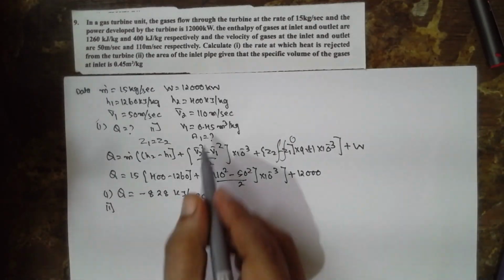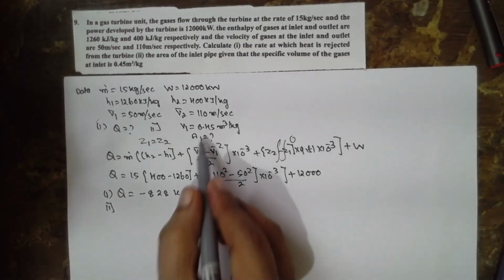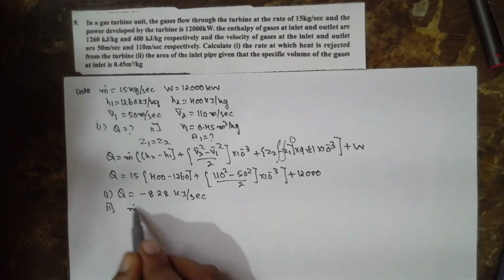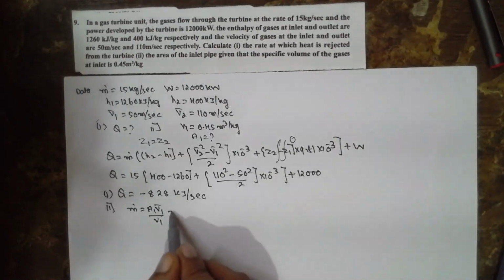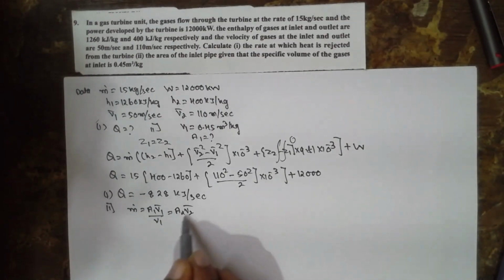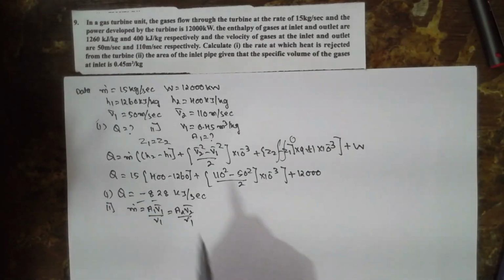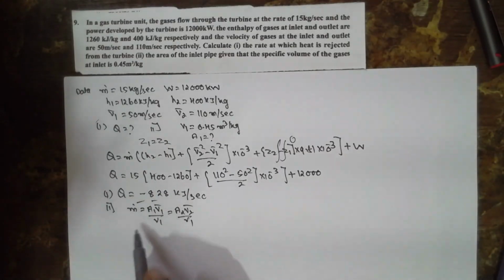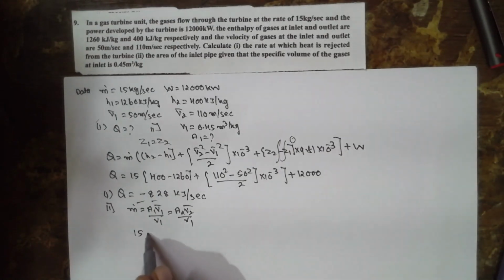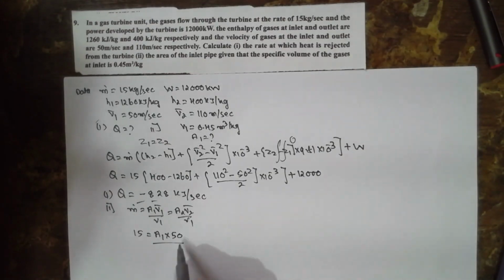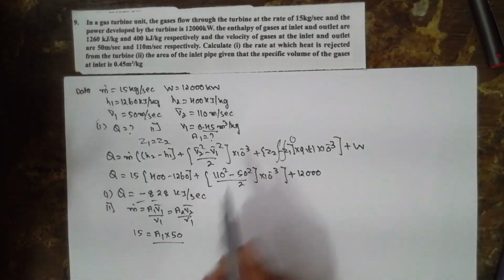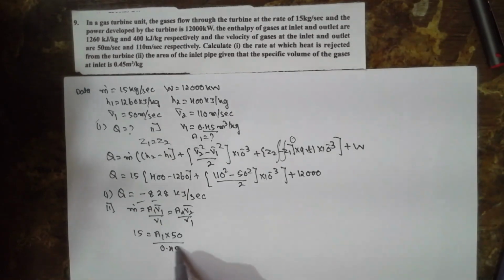Second, we need to find out the area. M dot is equal to A1 V1 dash divided by V1, which is equal to A2 V2 dash divided by V2. Let's go with the first, because we need to find out the area. Mass flow rate is given. Now 15 is equal to A1 into 50 divided by 0.45.